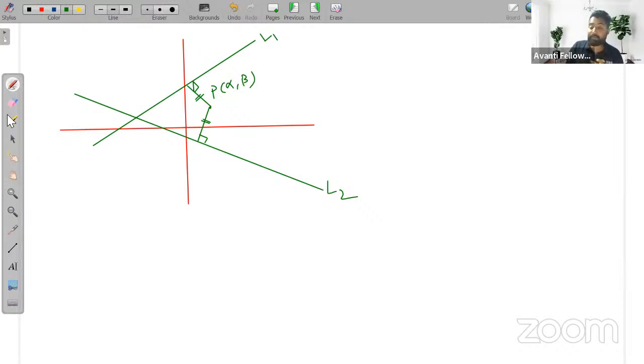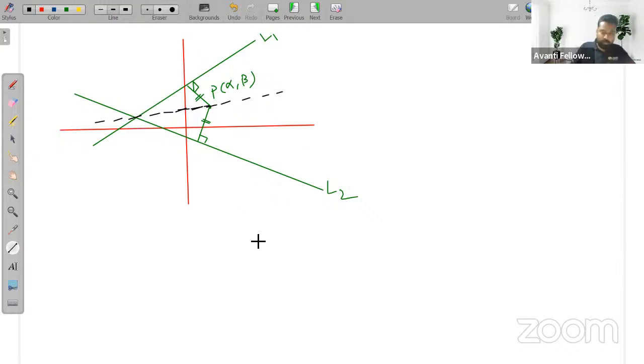So if I draw the equation of the angle bisector, it will be like this. This is the line where P is lying. So these are the information given to us.